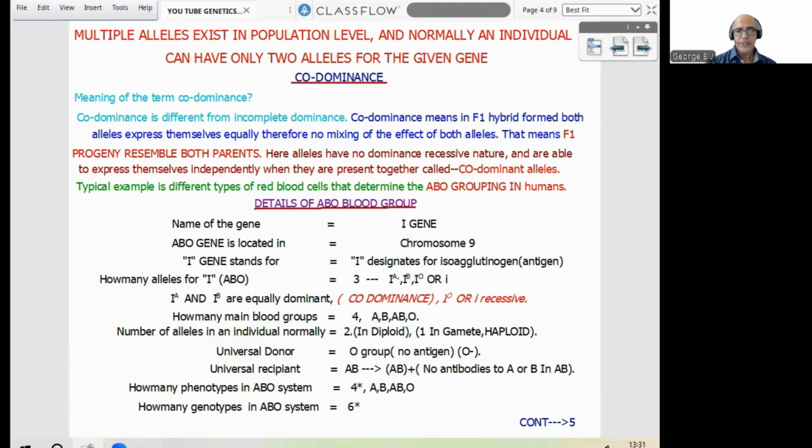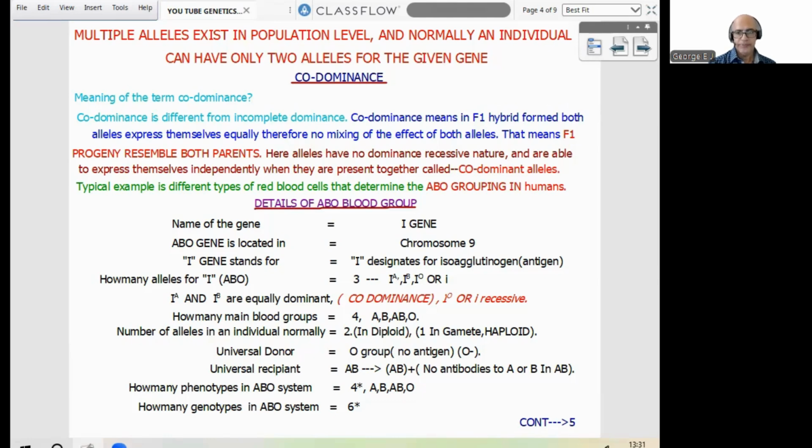Now comes the next term, codominance. What is the meaning of the term codominance? First, identify that codominance is different from incomplete dominance. Codominance means in the F1 hybrid formed after crossing parents, both alleles express themselves equally. That is the term, equally. Therefore, no mixing of the effect of both alleles.